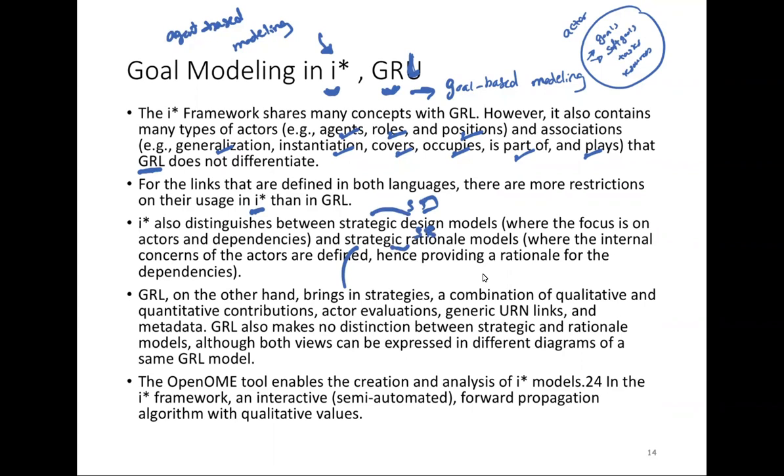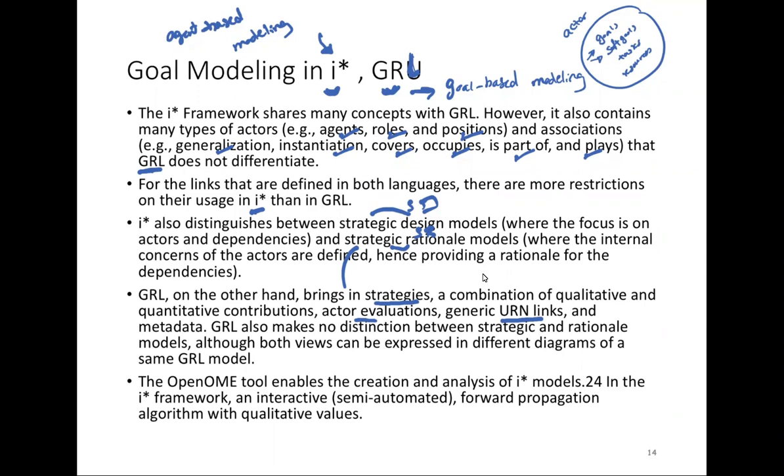GRL, on the other hand, brings in strategies. So we focus on strategies. We could use a combination of qualitative and quantitative contributions, perform actor evaluation, and even have generic URN links. URN stands for Universal Requirements Notation, and some metadata.